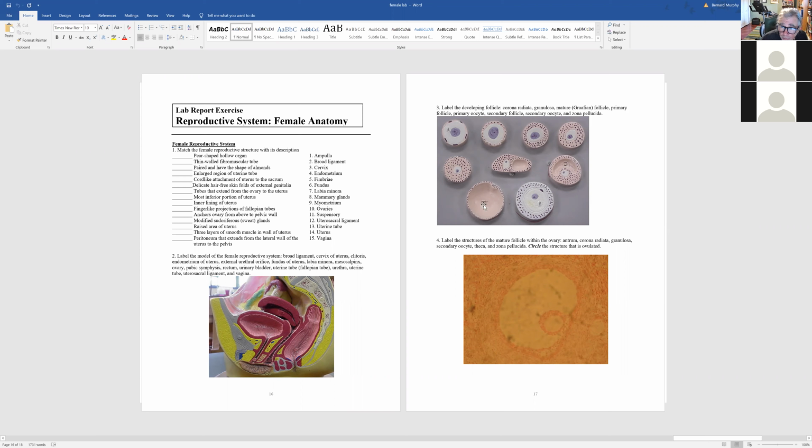Then mature follicle, secondary oocyte, zona pellucida, corona radiata, first polar body. They don't even list that first polar body. Oh, the granulosa cells. These would be granulosa cells around these primary and secondary follicles.